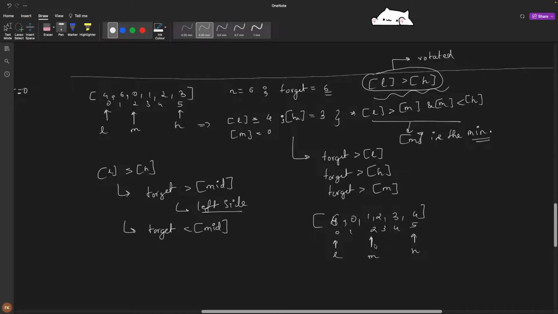In this case, if I choose the target to be 6 only, here it is ascending, here it is ascending, and here it is descending and ascending again.